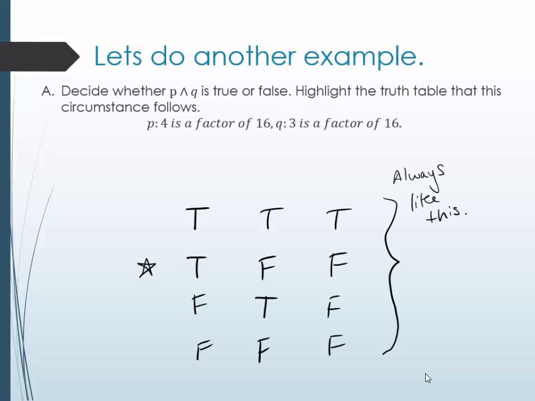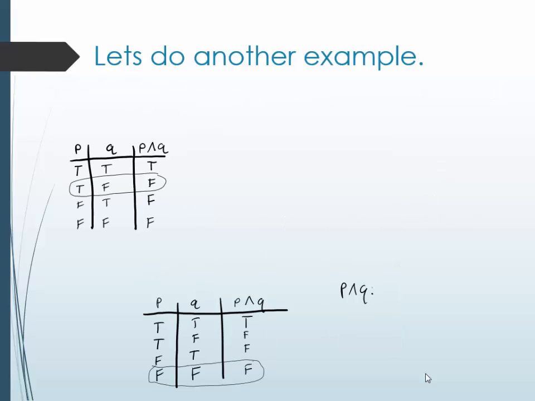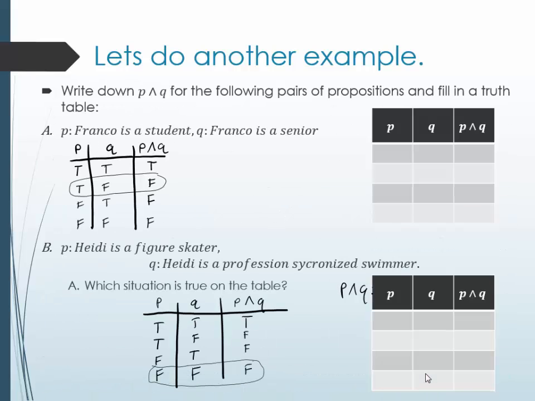We talked a little bit before about this thing called conjunctions, where we had Franco do all the work. Franco was a senior, Franco is a student, and we said, when are those two things true? That would be when Franco is a student and when Franco is a senior. However, we didn't go much past that.